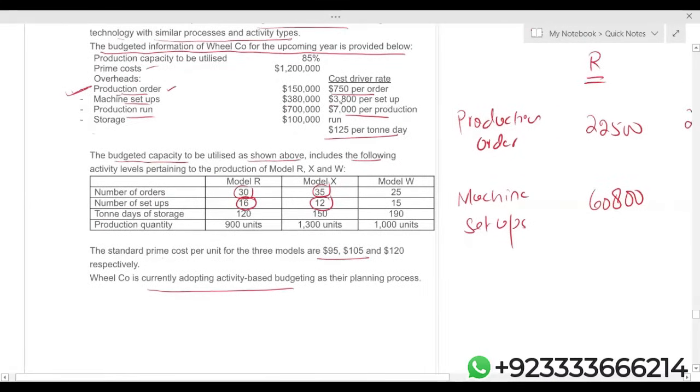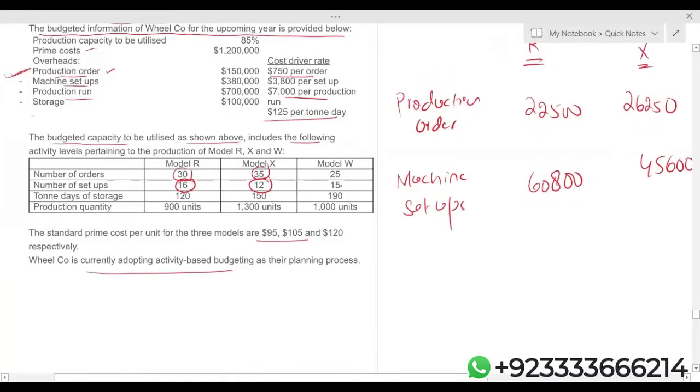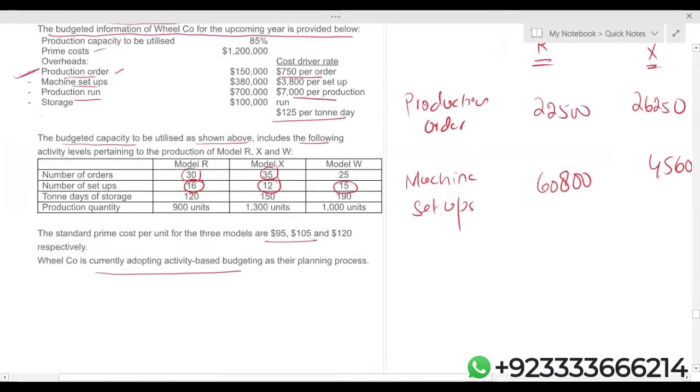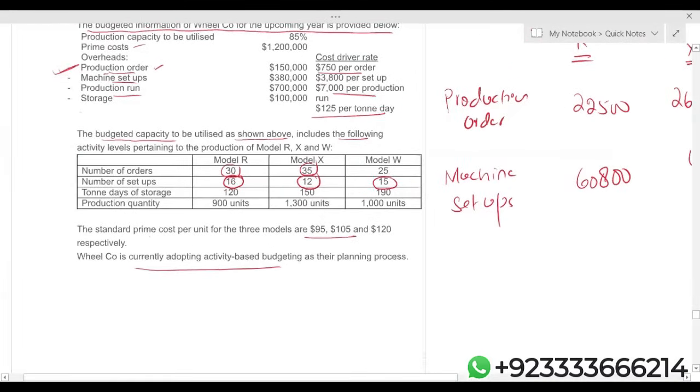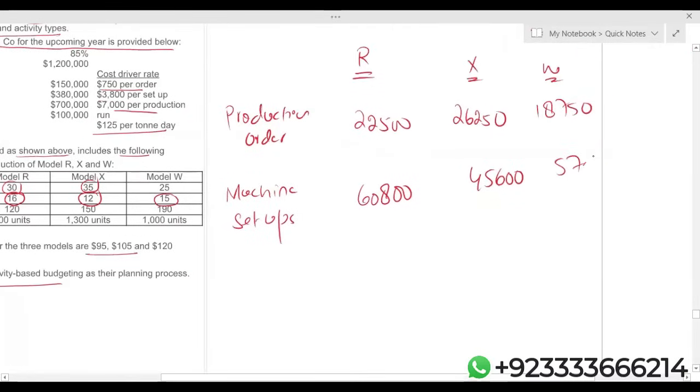Then 12 into 3,800, I'm getting 45,600. Then 15 into 3,800, students, I'm getting 57,000. Please, at least a few more students should also be checking.